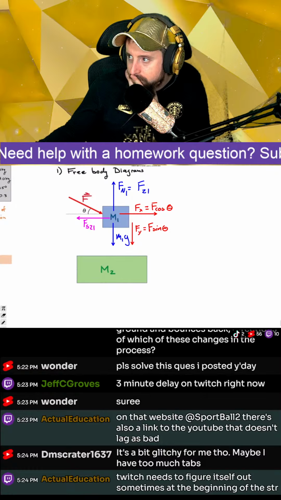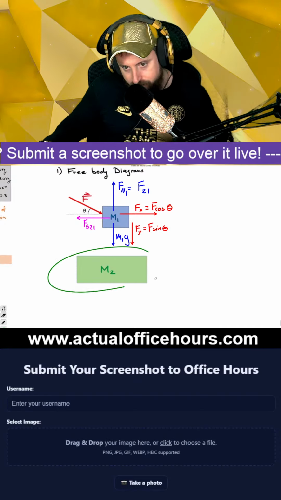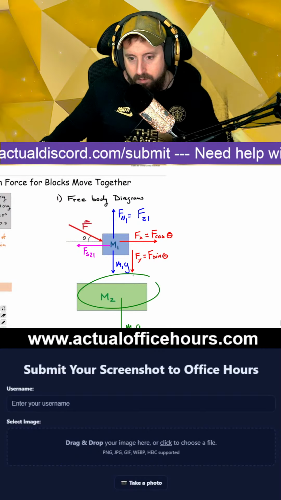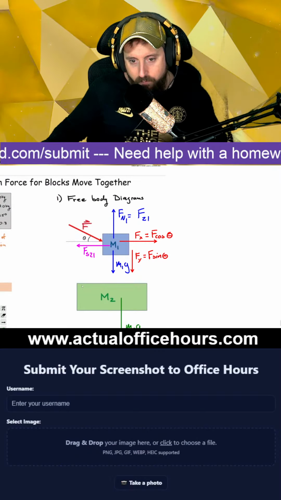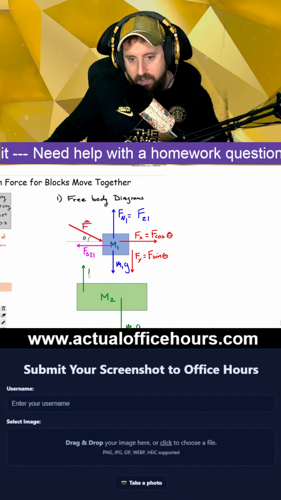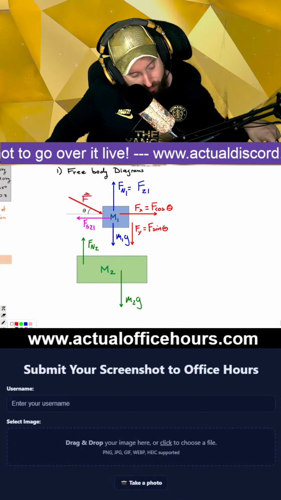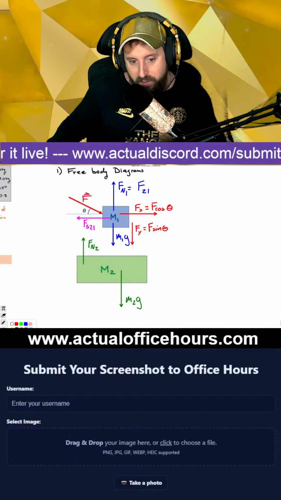But okay. All right. Now on block 2, this is going to have M2G pulling down. And then it's also going to have its own normal force. So we can say this is FN2, which is technically the normal force. That's always very tricky. It has to do with the force pairs.